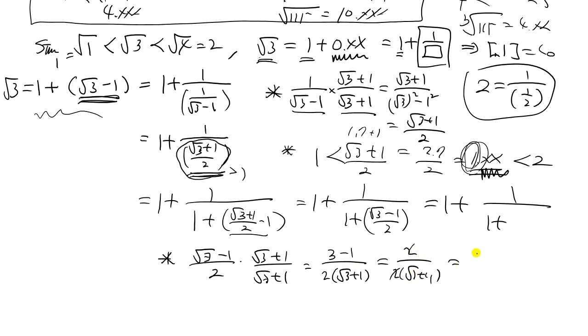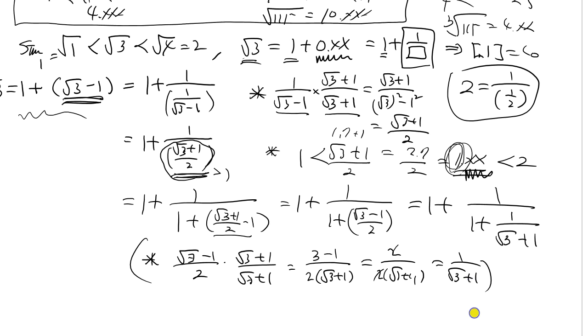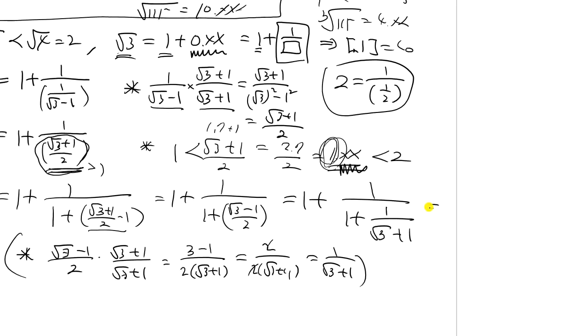So we have nice cancellation. We have 1 over square root 3 plus 1 only, right? So we can get 1 over square root 3 plus 1 here because of this. Then from here, we know it's 1 semicolon 1, right? We got that much, and that should be C sub 1. Okay?